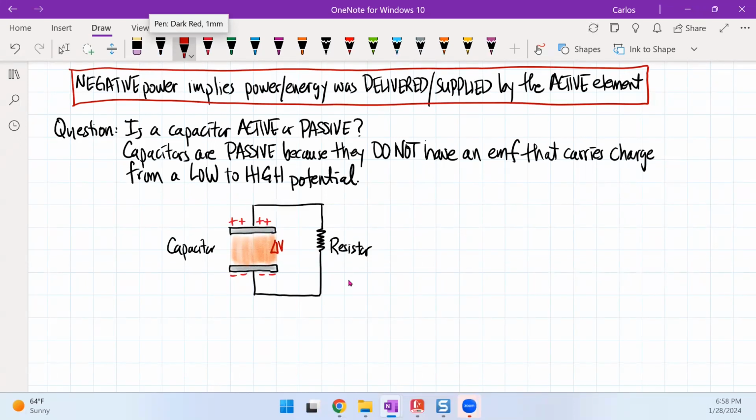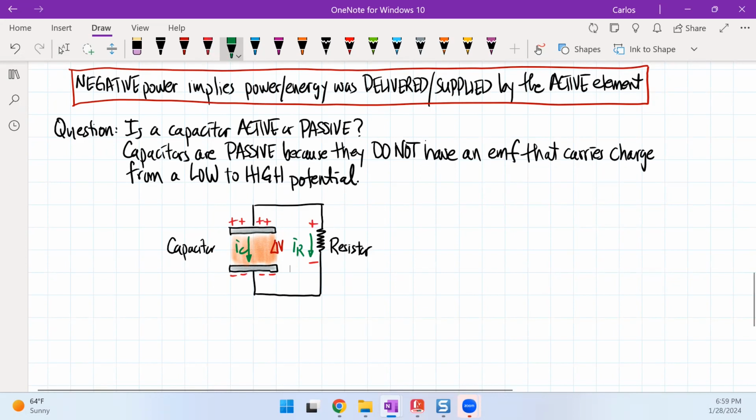Because there's no EMF, the current of the capacitor is this way, which immediately tells us that the polarity of the resistor is down. So therefore, the current of the resistor also goes down. That's pretty counterintuitive, but it has to be this way.